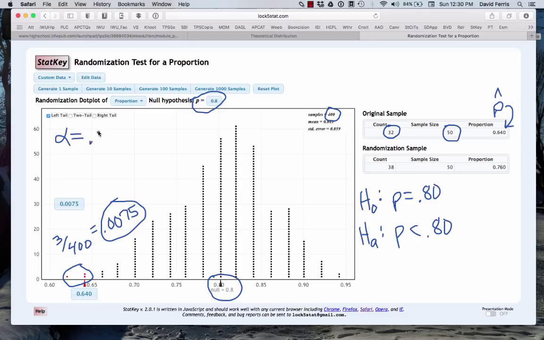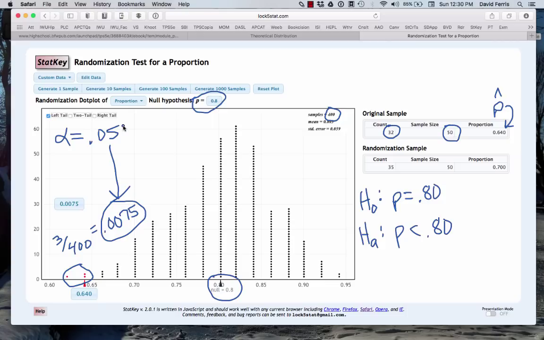A typical alpha level might be 5%. So anything less than 5% would be surprising. That certainly is surprising. So we would say something like, because the p-value is less than our alpha level of 0.05, we will reject the null hypothesis, and we believe that he actually is a less than 80% free throw shooter. So that's essentially a review of hypothesis testing very quickly.